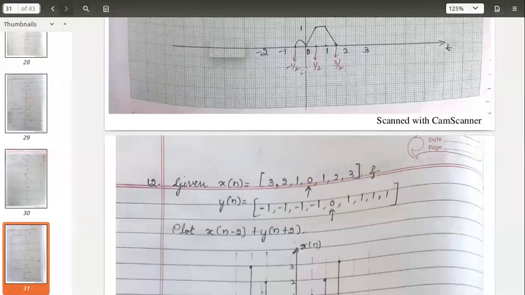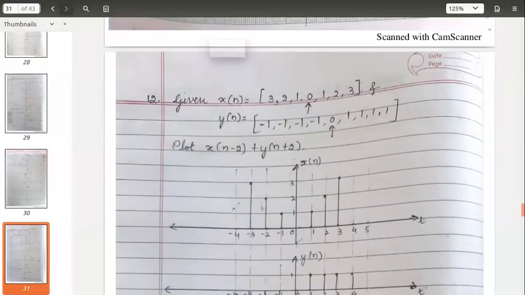So let's draw it. First x of n, I have drawn it here. See, 0 indicates the origin. After that, 1, 2, 3. So 3 time values are there. Here it is -1, -2 and -3. The signal range is between -3 to +3.